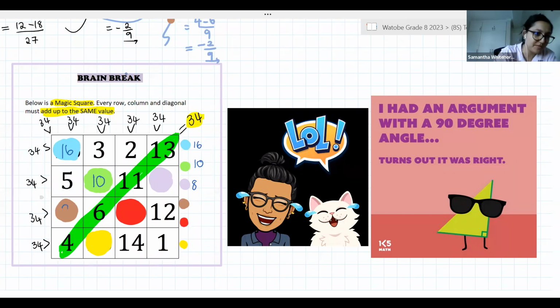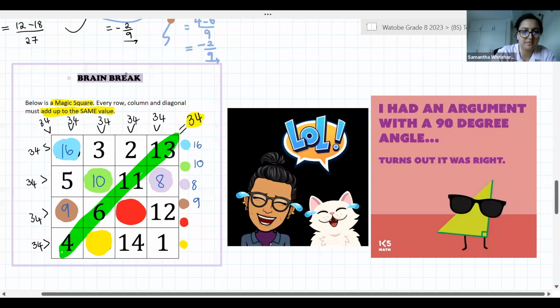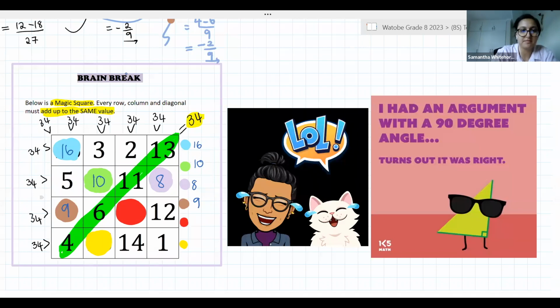Good. So then, for the yellow, I said 4 plus 14 plus 1, which equaled 19. And then I said 34 minus 19, which equals 15. And then for the red, I said 2 plus 11 plus 14, and then I got 27. And then I said 34 minus 27, which equals 7.